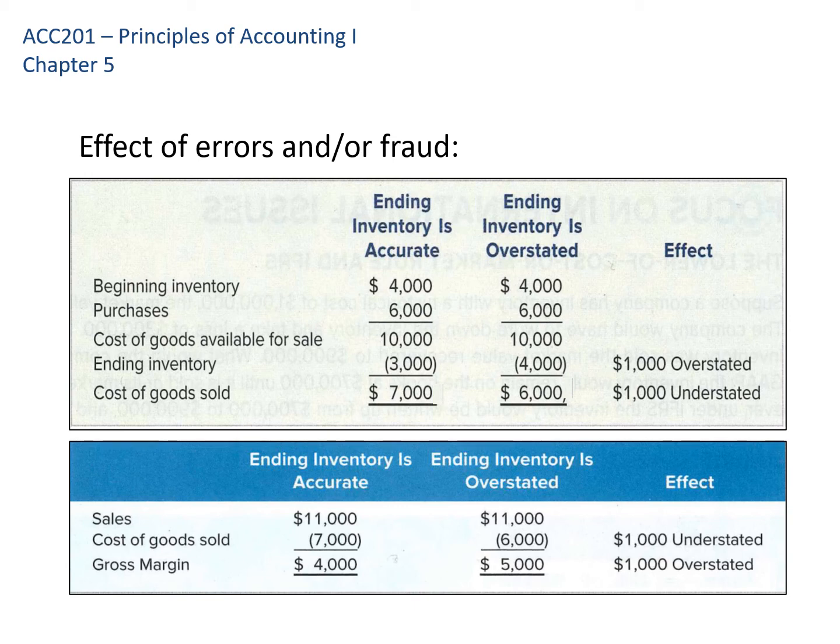If I overstate my inventory, if I count more than I should, then I'm going to have a higher ending inventory and a lower cost of goods sold, which is going to give me a higher profit. Now the following year, if I correct that error, it'll reverse and flush itself out. Okay, so hopefully that makes sense to you. And then working through a problem, I think, will help in that regard.